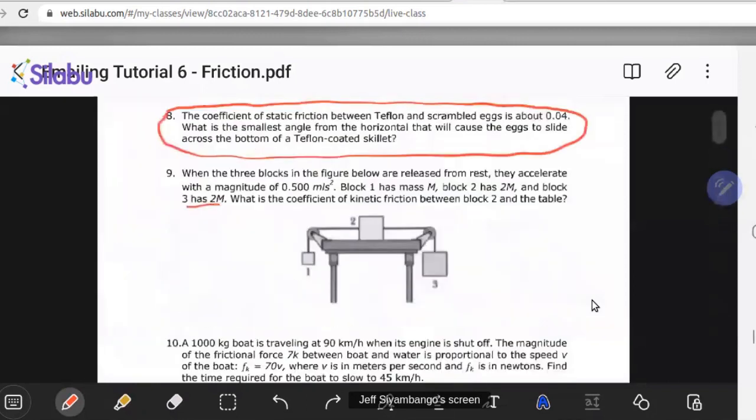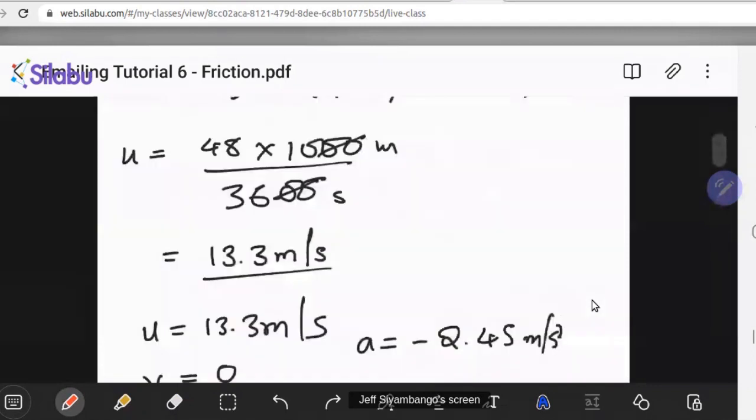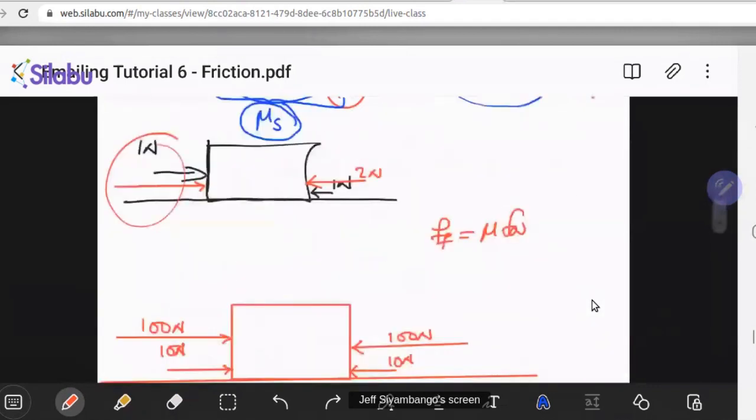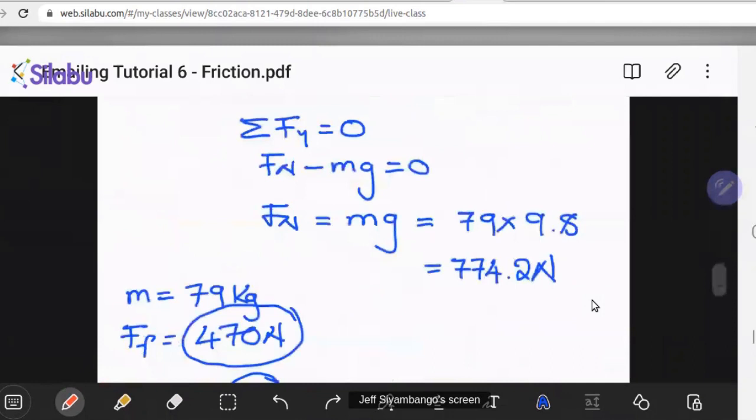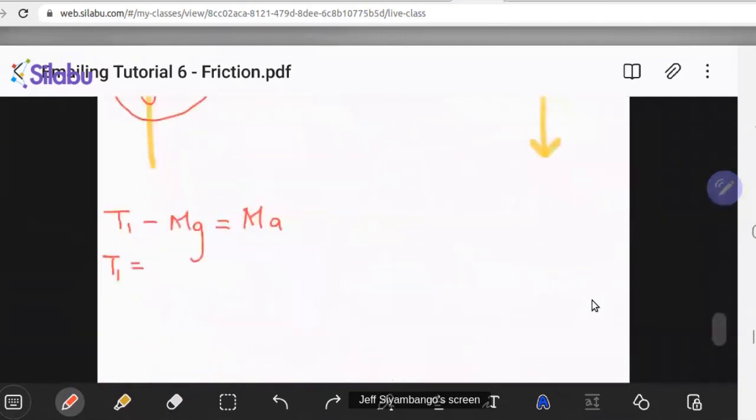The acceleration is given as 0.5 meters per second squared. So that's the acceleration multiplying m. Then the minus here becomes positive, so this will be plus. When it goes the other side, the g is 9.8, and the mass here is going to be m. So I'll say this is my equation 1.